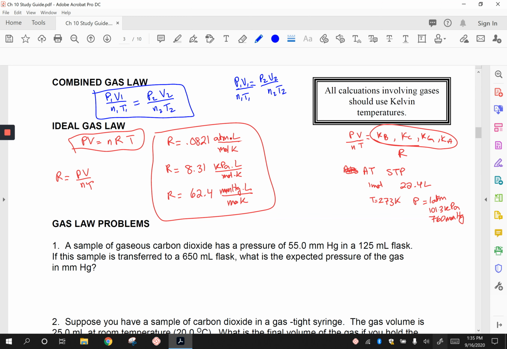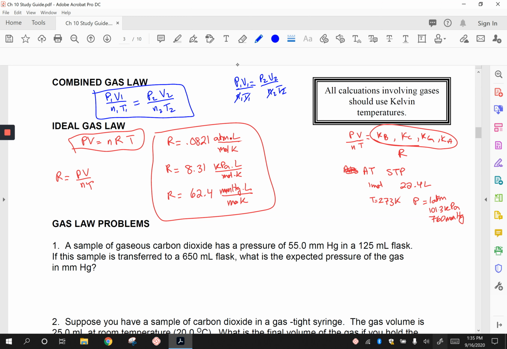Let's say I want to know what the relationship is between pressure and volume. I can only look at that relationship if amount and temperature are constant. So if the moles are constant and they're on both sides, I can cross those out. And if temperature is constant, I can cross it out. So I get P1V1 equals P2V2, which is Boyle's Law.